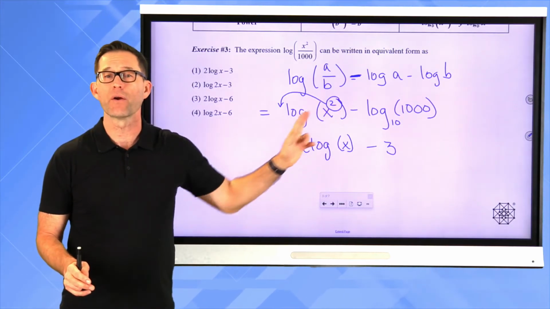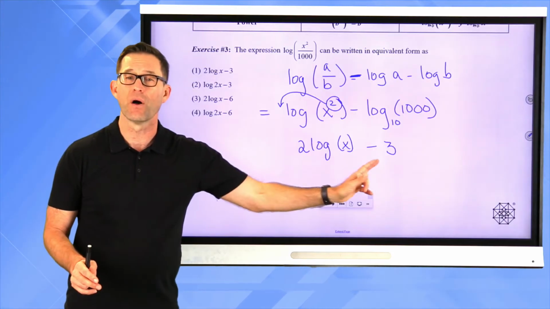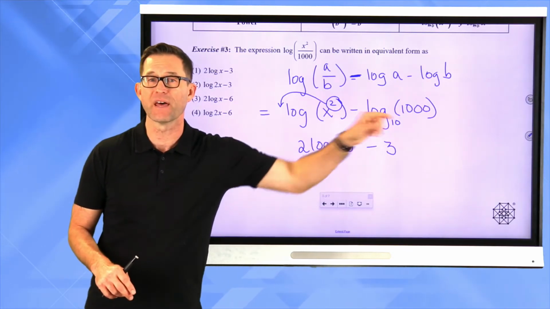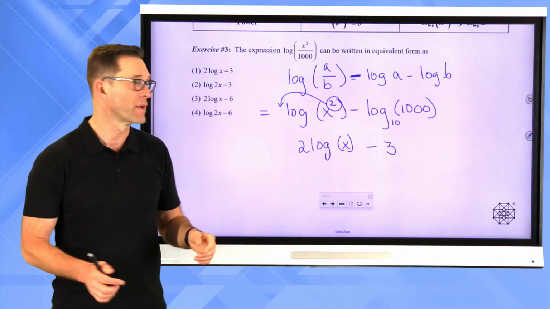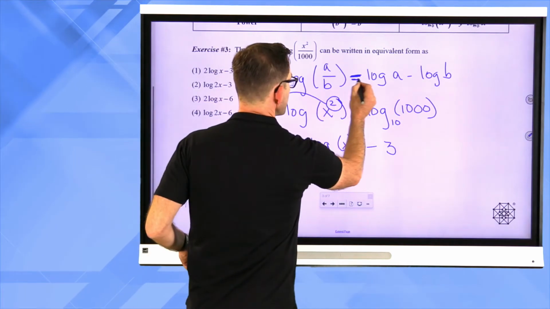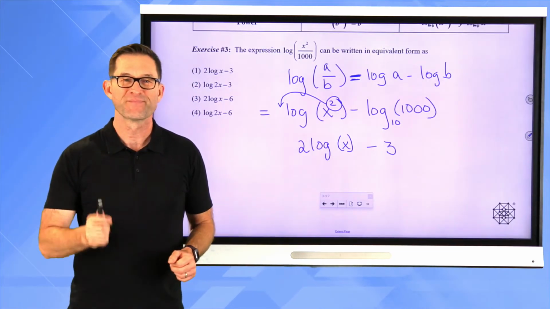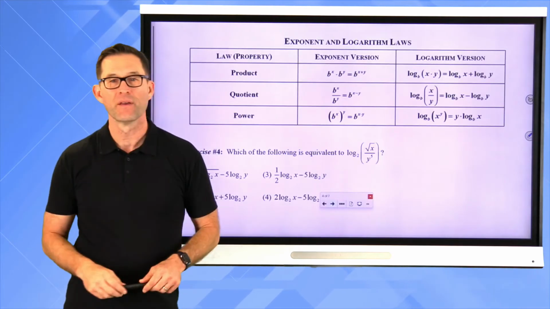Log of x squared equals 2 times log of x. And then we get the minus 3 from the fact that I have log base 10 of 1,000. All right, great. By the way, that looks like a subtraction. It's really an equality up there. I just sort of realized that. I apologize. All right, let's do a little bit more.